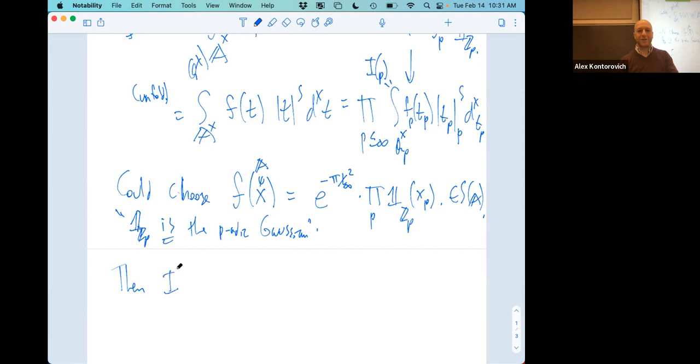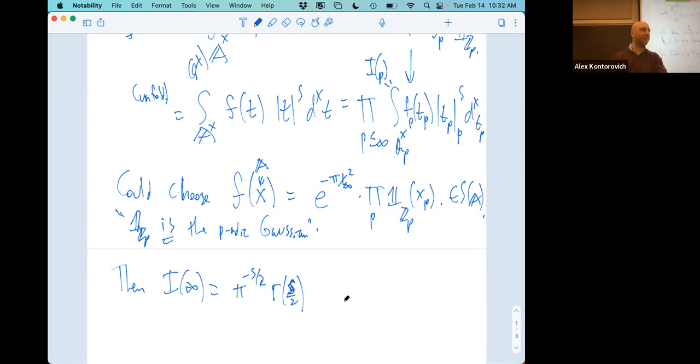Then these local integrals: I infinity, we computed this already. If this is the Gaussian, and you're integrating with the absolute value of t to the s over R cross, we computed that integral, and we get something like one half times pi to the minus s over 2 gamma of s over 2.